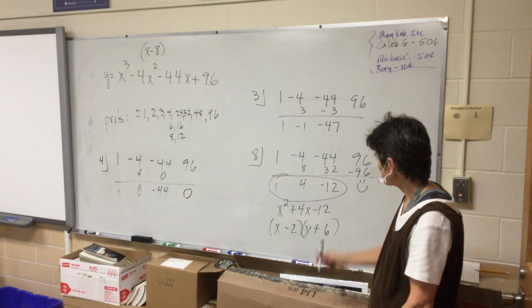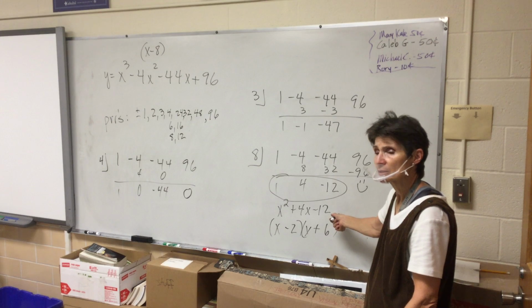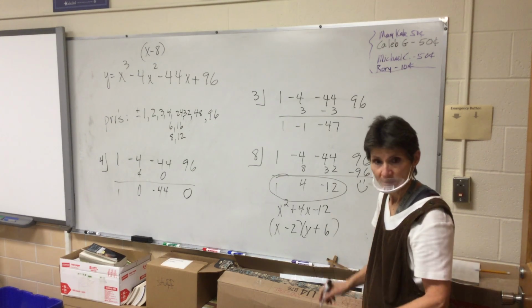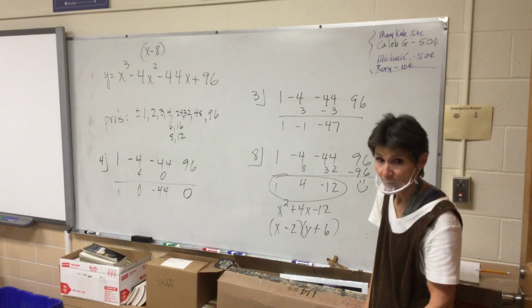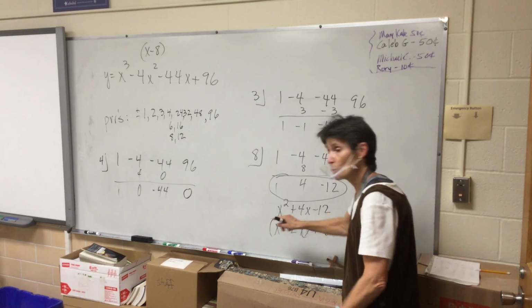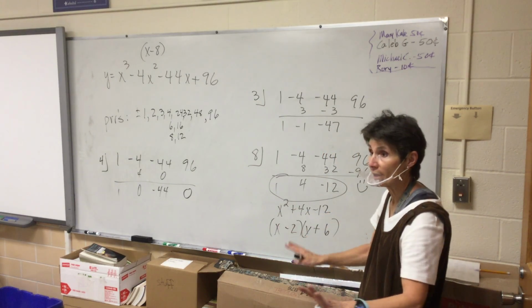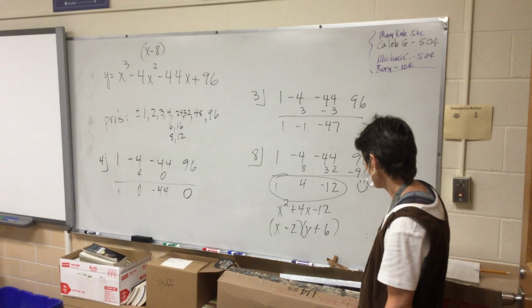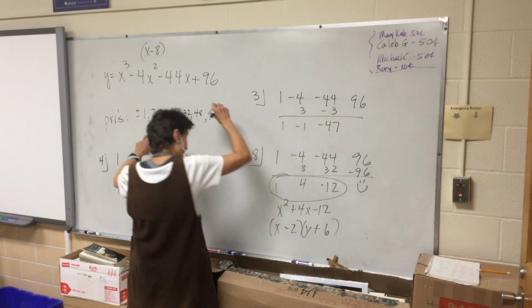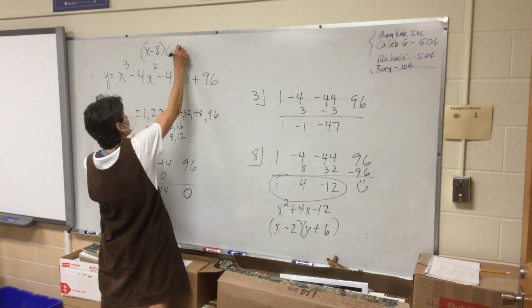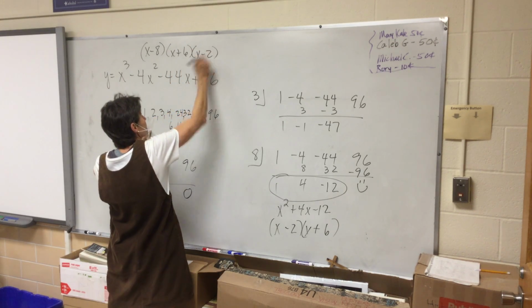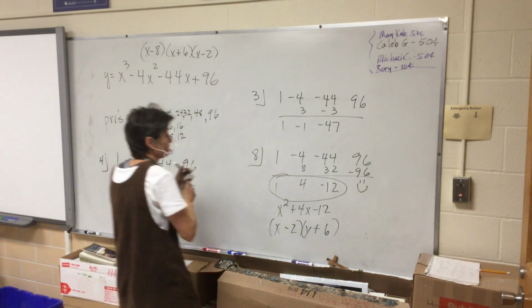By the way, what are we going to do if that doesn't factor? Quadratic formula, sure. As long as it's a quadratic, as long as you got an x squared, you can solve it no matter what. This one does factor, so then I can graph it, right?